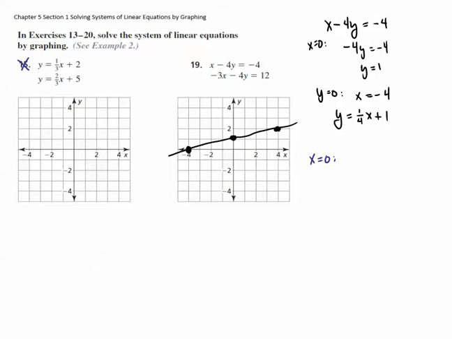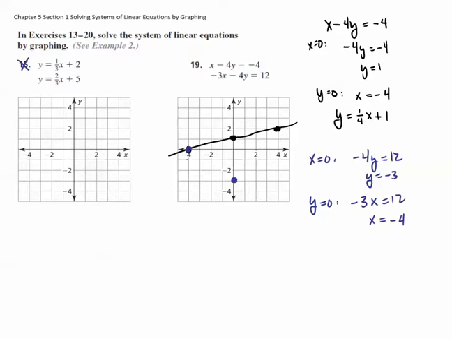When we do, we get negative 4y is equal to 12, or y is equal to negative 3. So when x is 0, y is negative 3. When y is equal to 0, we get negative 3x is equal to 12, or x is equal to negative 4. And so that is going to be our point of intersection there.